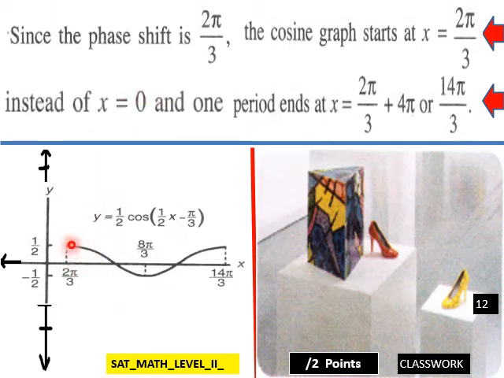That would be our phase shift. And then one period ends at 2 pi over 3 plus 4 pi, or 14 pi over 3. So here is your period starting there, going up over here, and ending there, one full period.